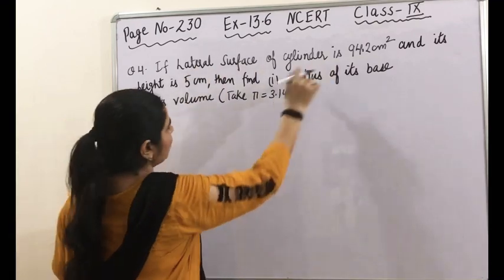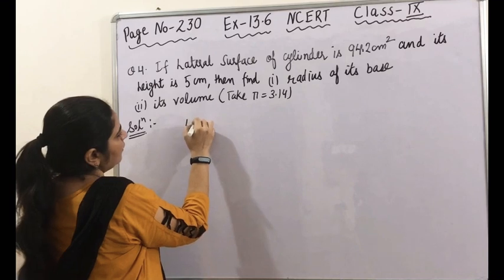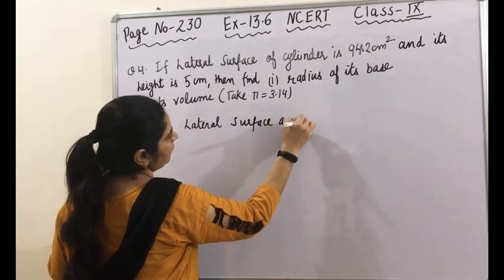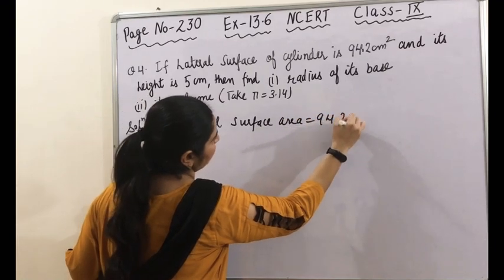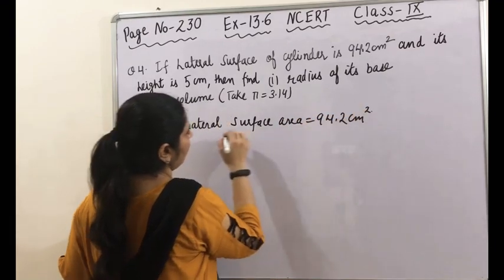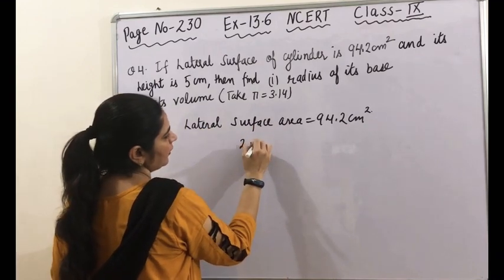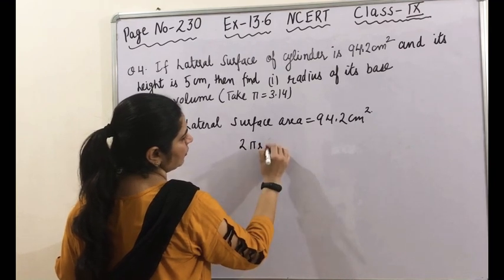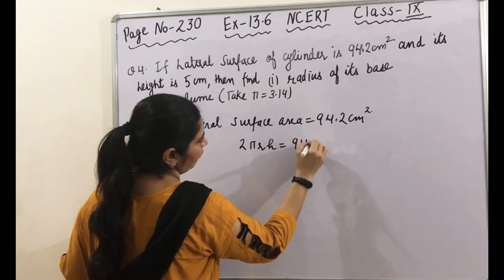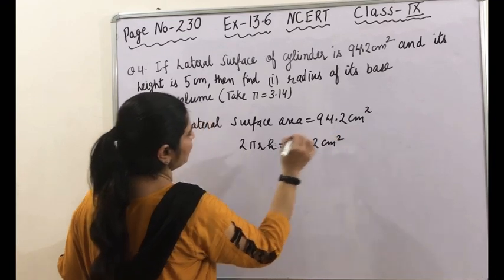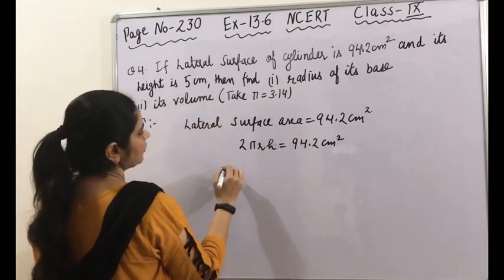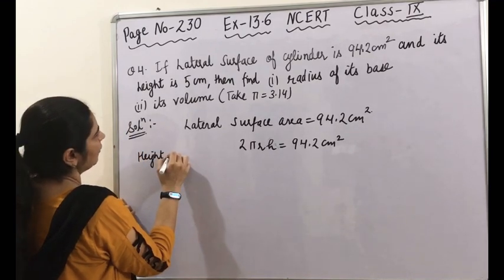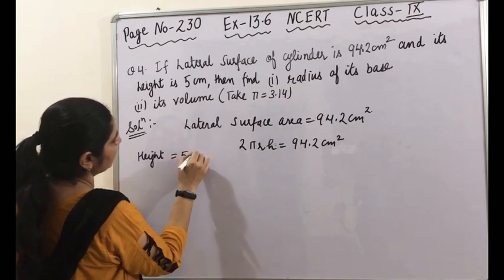Here lateral surface area is given as 94.2 centimeter square, and the formula of the lateral surface area is 2 pi rh, which is equal to 94.2 centimeter square. Height is also given. Let the height of the cylinder be 5 centimeter.